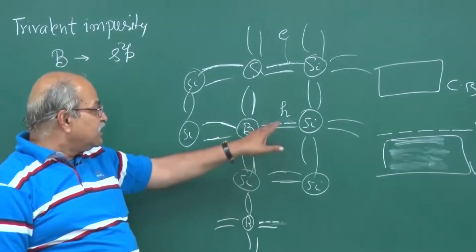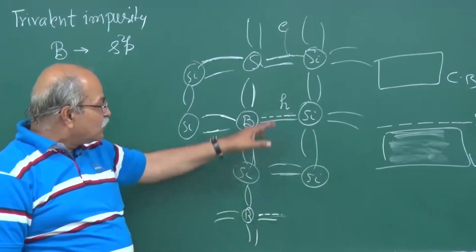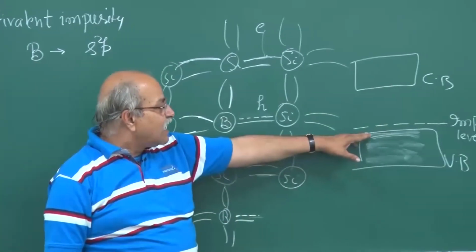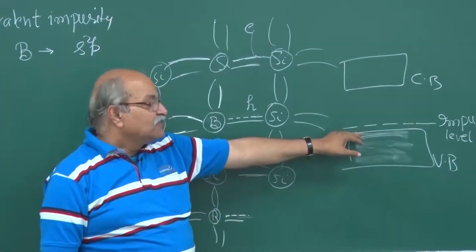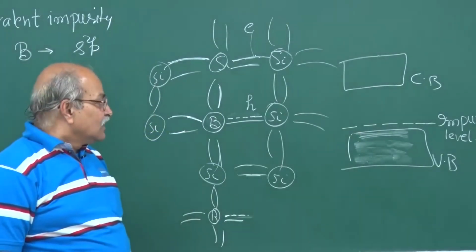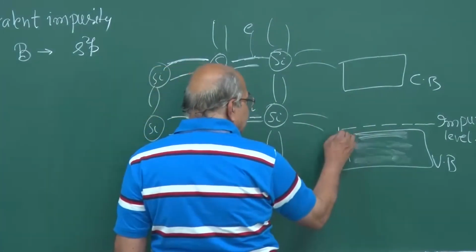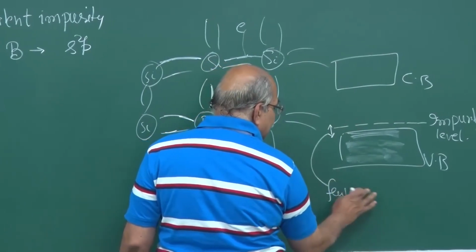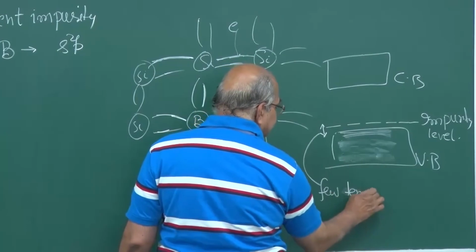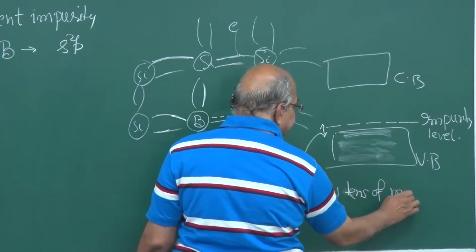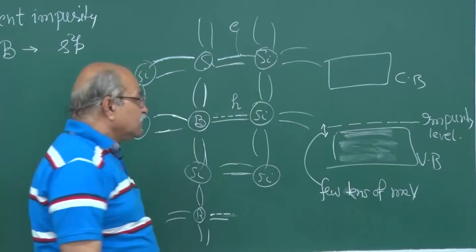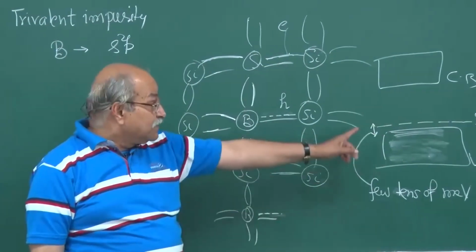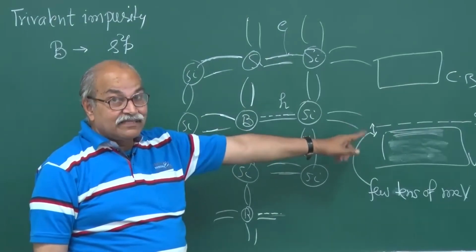So you are creating new, empty quantum states, the energy of which will be slightly higher than the top of the valence band. And how much higher? Once again, this is a few tens of milli electron volts, right? 10, 20, 30, 40 milli electron volts. Remember, empty states are there.